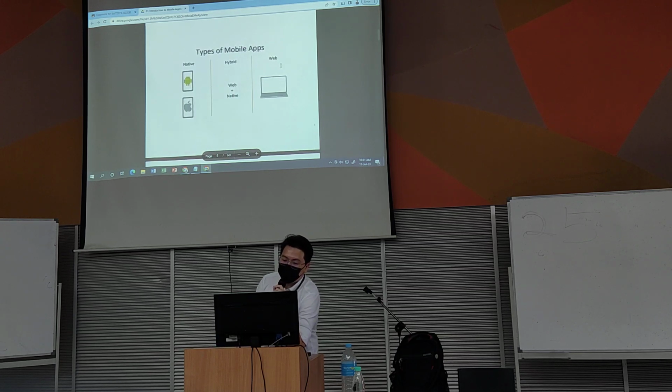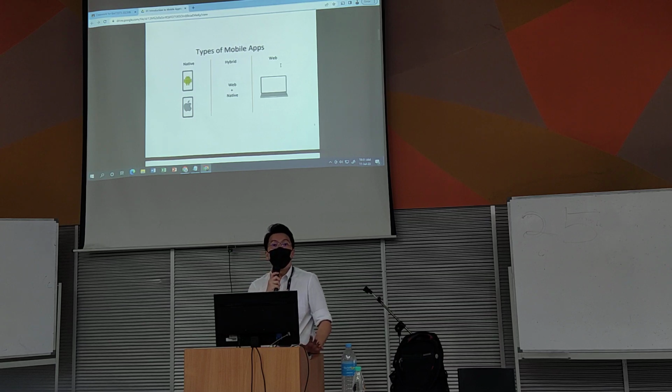First off, as a mobile app developer, you will need to know what types of mobile apps you're developing. There are three types of mobile apps in the market. The first would be native. When we say native, what does it mean? It means that when you code for Android, your code base will only be usable for Android mobile apps, that's all.